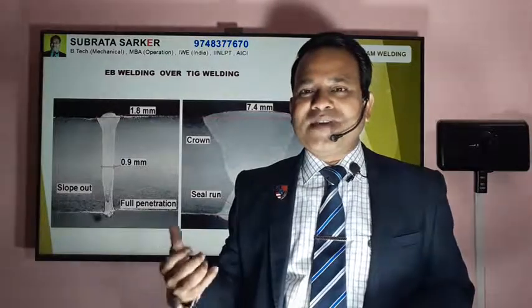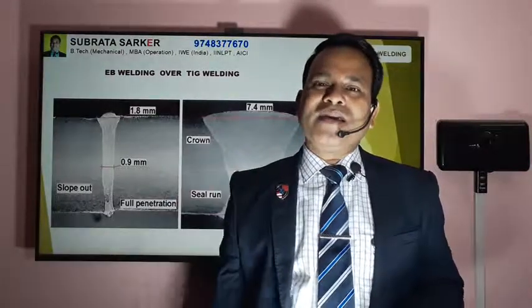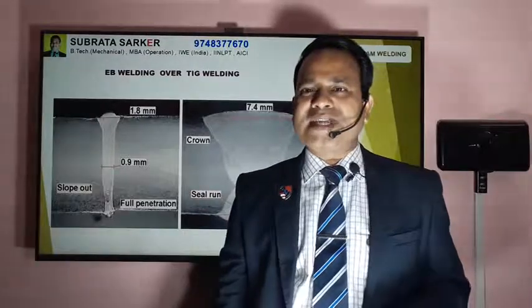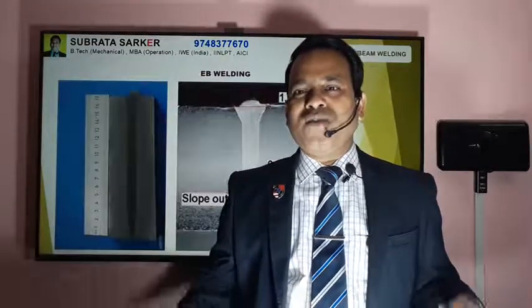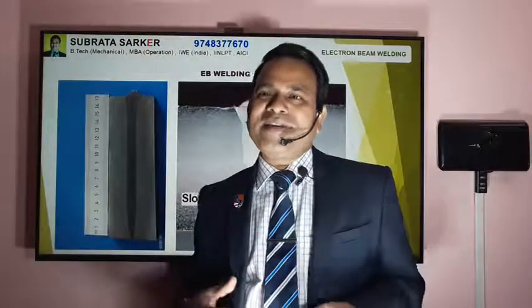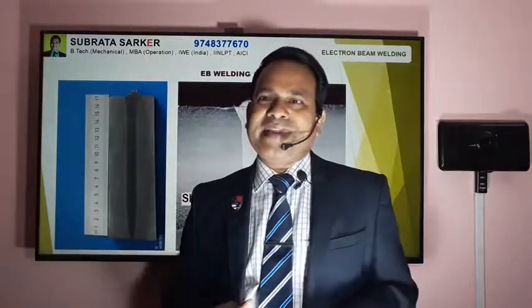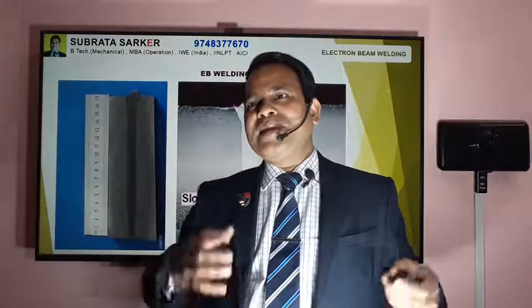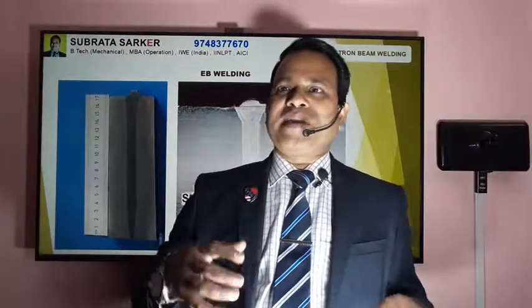So this is a very special, very costly process. Setup cost is huge for electron beam welding. Now there are some advantages of electron beam welding, though it is a very costly process. The beam can be projected over a distance in a vacuum with a rapid travel speed.